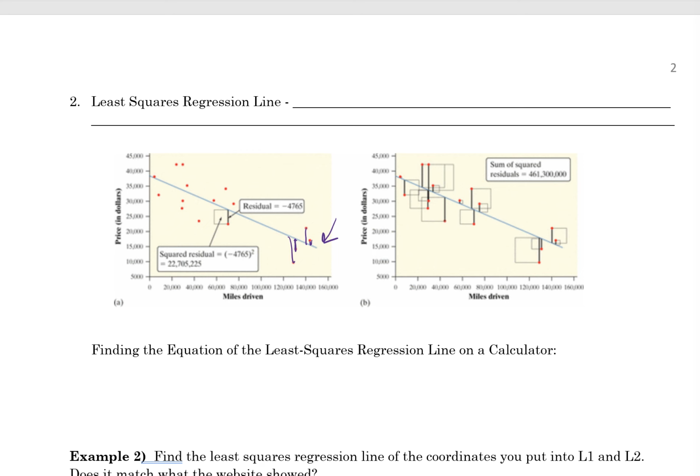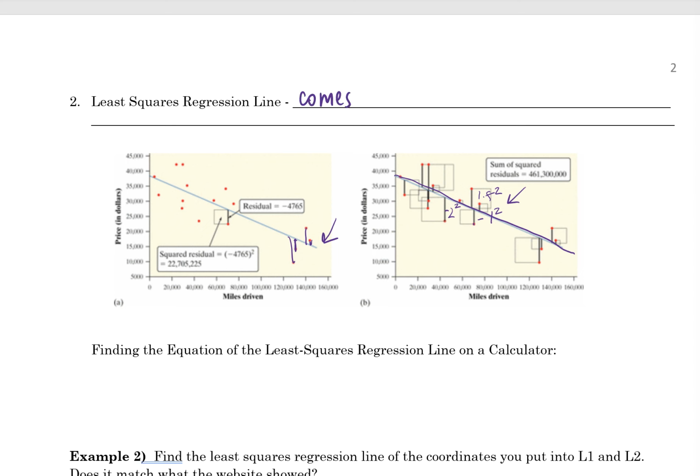So let's say this guy had a residual of -2, this guy had a residual of like 1.5, this guy right here has a residual of like -1. They're squaring all of these residuals. And the line of best fit will guarantee that all of these squared values are as small as they can be. So the least squares regression line comes from minimizing the squares of all of the residuals of the data.